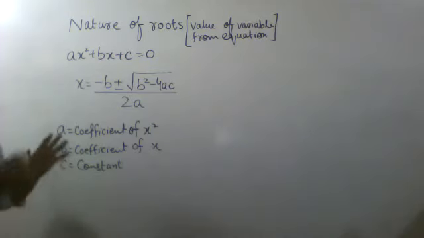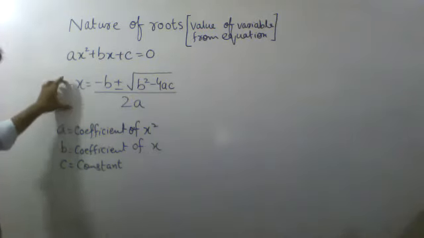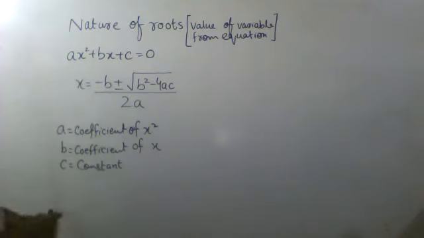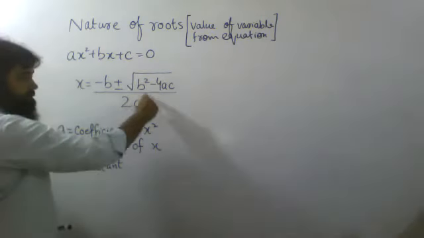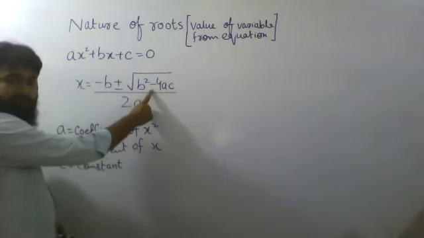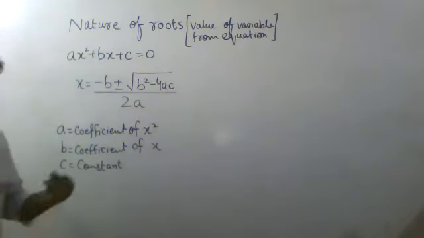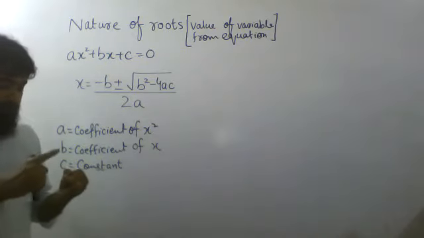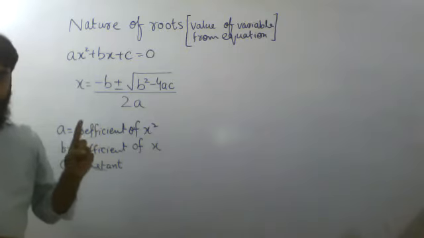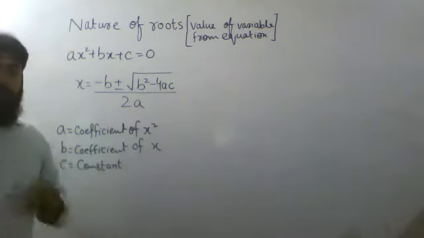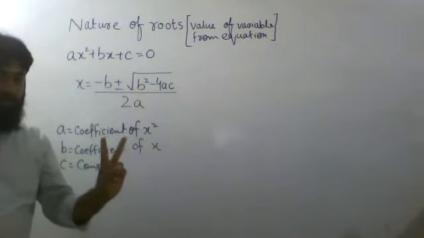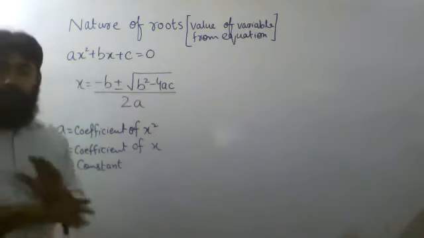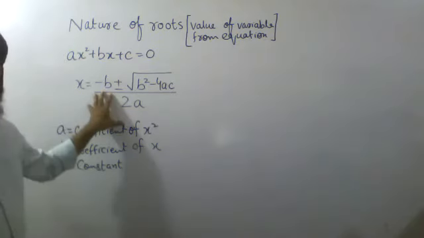Okay. Now, the most important thing in this quadratic formula is b square minus 4ac. This tells us that either I'm going to have one answer, or two answers, or I am not going to get anything from this one.